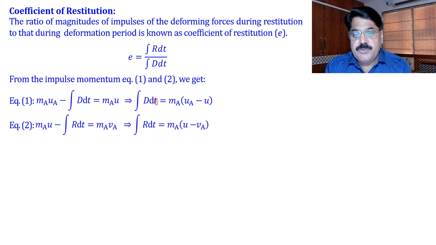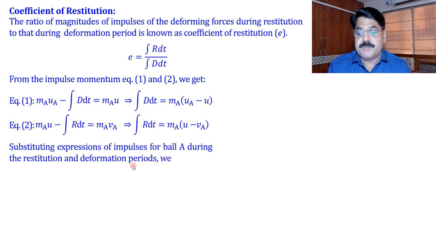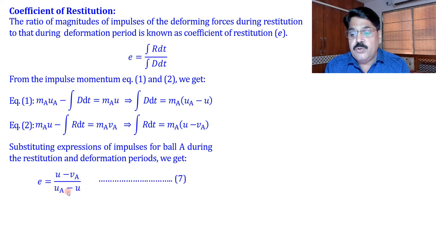Now we substitute these values. What do you get for e? Substituting the expressions of impulses for ball A during the restitution and deformation periods, we get e is equal to (u minus v_A) upon (u_A minus u).